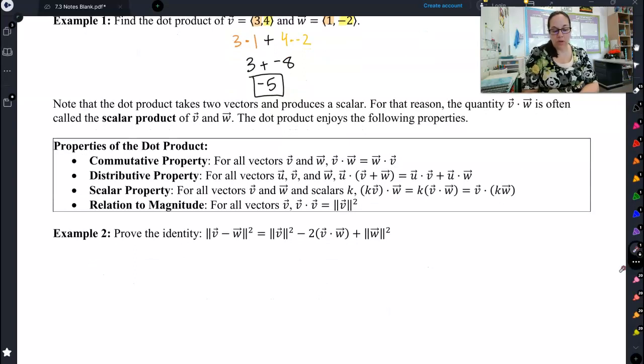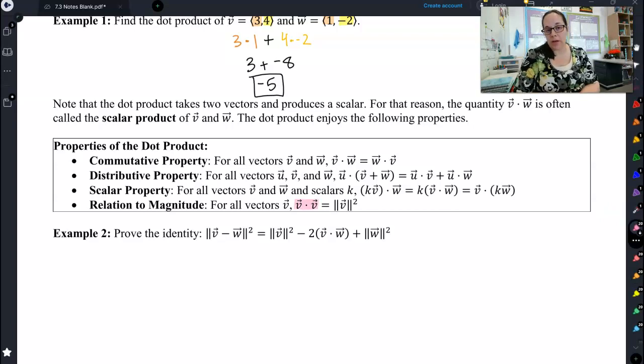Now, just so you know, multiplying vectors is still commutative, meaning you can flip it back and forth and it's the same answer. Still distributive, you could distribute a vector into there. Still works with scalars. And this is the important one I want you to highlight.